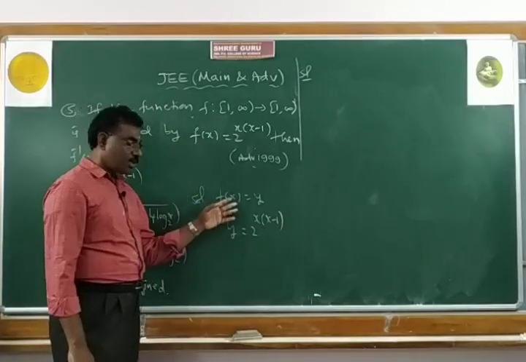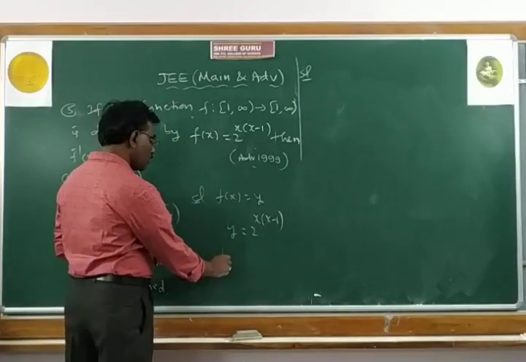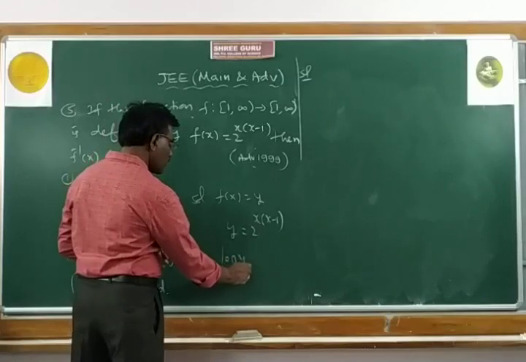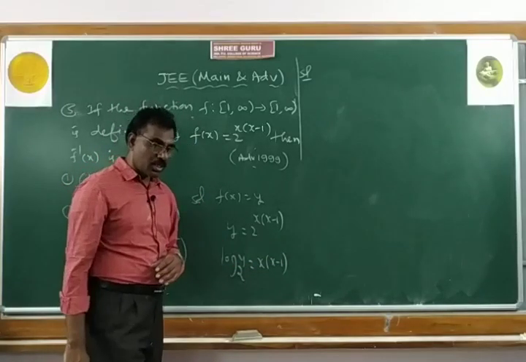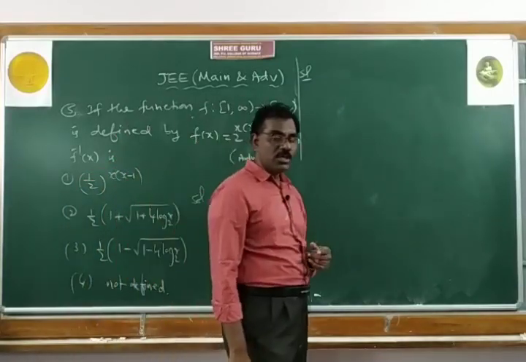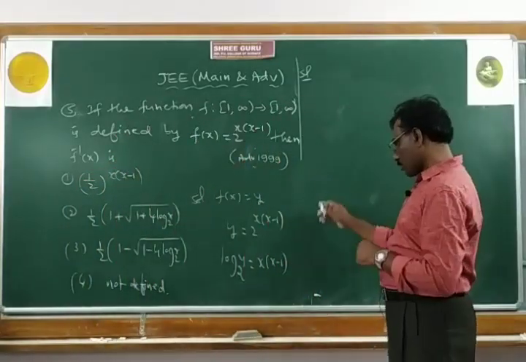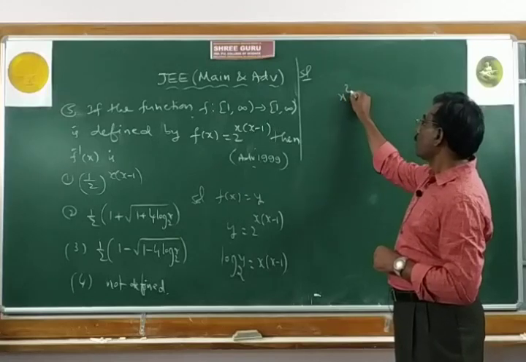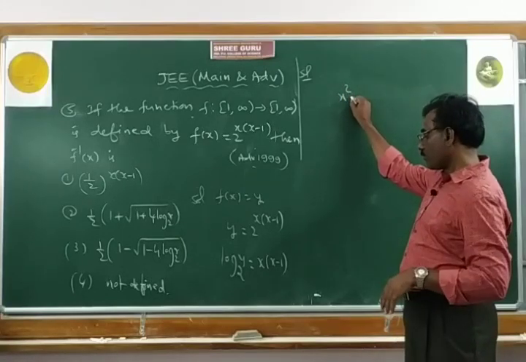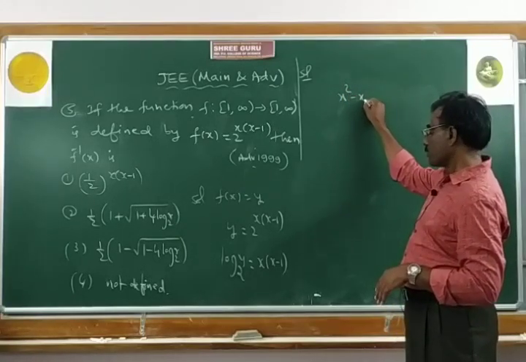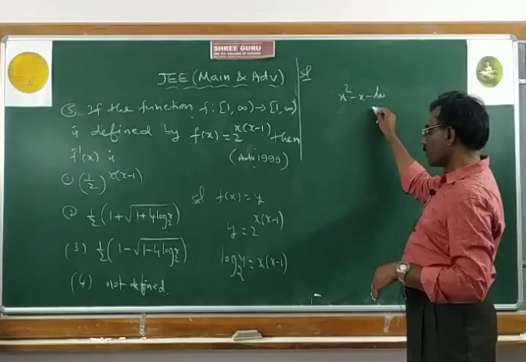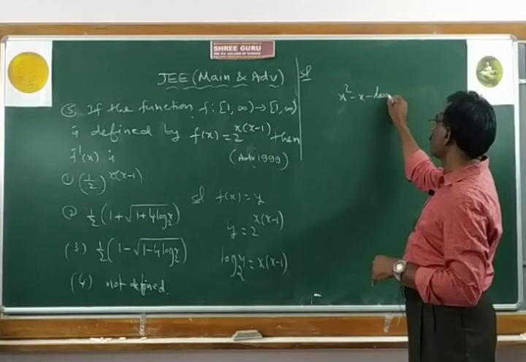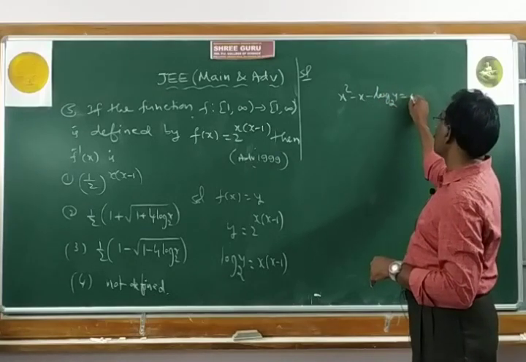I am taking f of x is y, applying log to the base 2, log y to the base 2, x into x minus 1, taking log on both sides to the base 2. So x square minus x, take left side, right side only, x square minus x minus log y to the base 2.